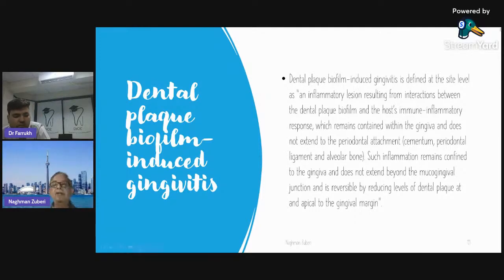Means cementum, periodontal ligament, and alveolar bone are not affected. Such inflammation remains confined to the gingiva, as I have already mentioned, and does not extend beyond the mucogingival junction and is reversible by reducing levels of dental plaque at and apical to the gingival margin.